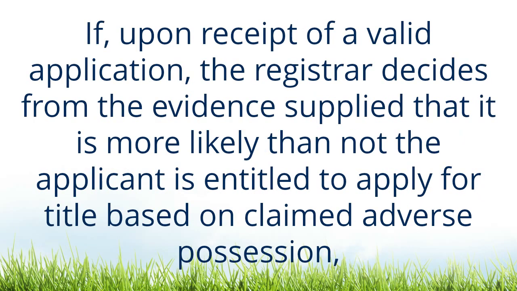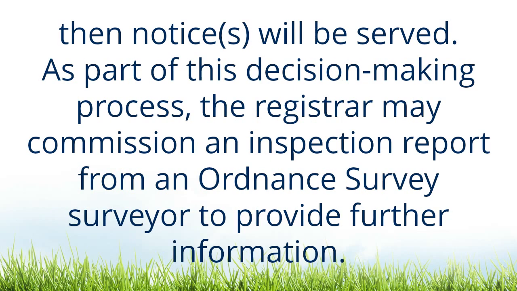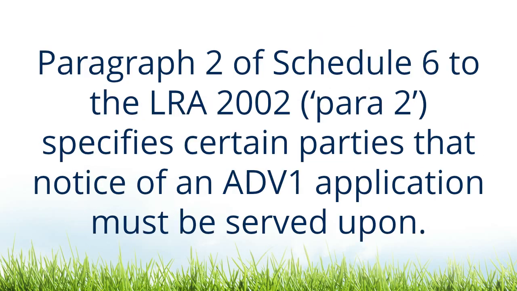If, upon receipt of a valid application, the registrar decides from the evidence supplied that it is more likely than not the applicant is entitled to apply for title based on claimed adverse possession, then notices will be served. As part of this decision-making process, the registrar may commission an inspection report from an Ordnance Survey surveyor to provide further information.